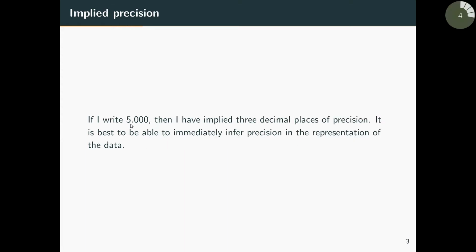And of course, if I have implied precision like 5.000, this is okay. This is very easy, right? To say that I have 3 decimal places of precision, positional precision. Sorry about that tongue twister. If this was 5,000 instead, well, suddenly there's room for error that is generated.